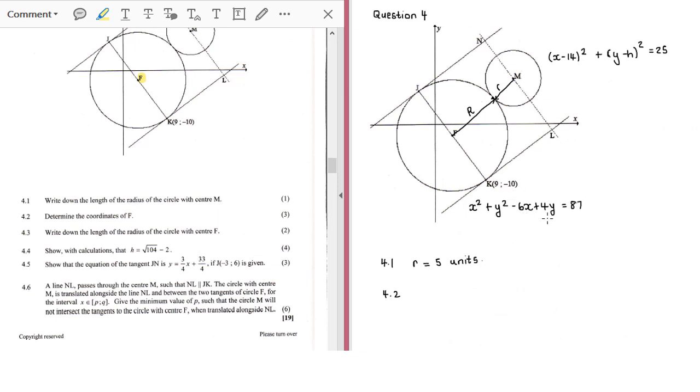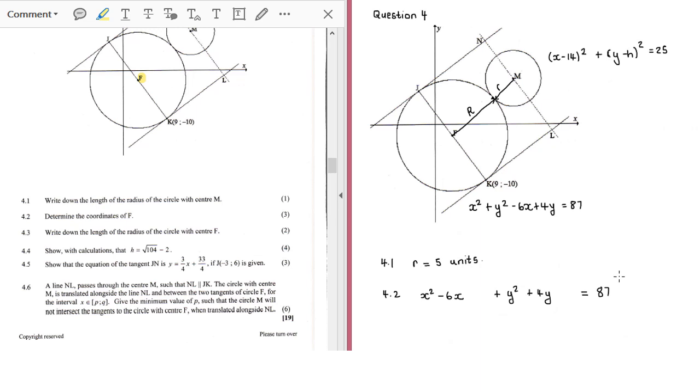So the first thing we would do is collect our like terms. We'd write x² − 6x, leave a space, and then write y² + 4y, leaving a little bit of space again before the equal sign, and we still have that 87.